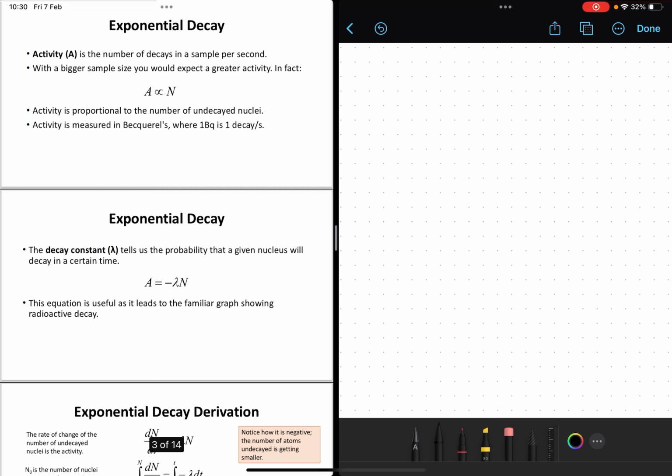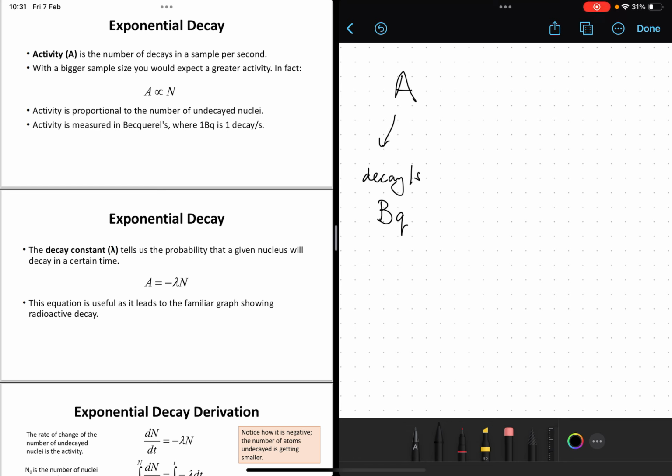To do that, we need a couple of definitions. And the first one is activity. The activity of a source tells you the number of decays per second. And we're not going to distinguish between whether they're alpha, beta minus or beta plus decays. It's simply the number of decays per second. The unit that we associate with that is the becquerel, after one of the pioneers in this field, Henry Becquerel.